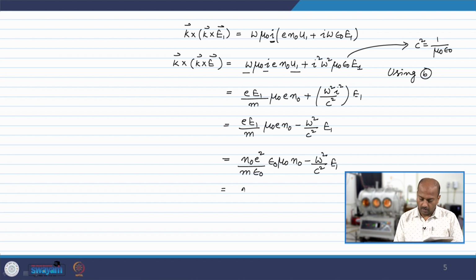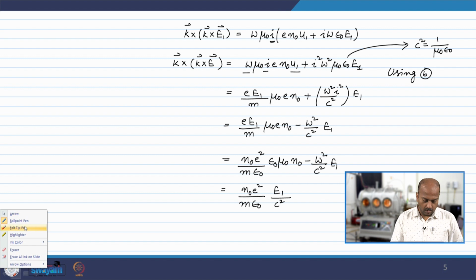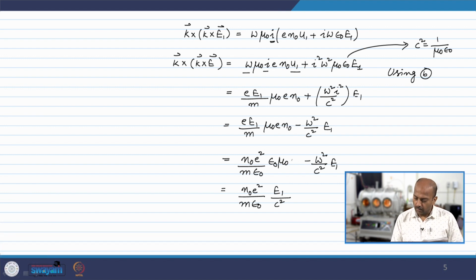Okay. So, which is n naught e square by m epsilon naught, and mu naught epsilon naught is 1 by c square. So, this n naught e square by m epsilon naught times E1, here it is, okay, minus omega square by c square E1.